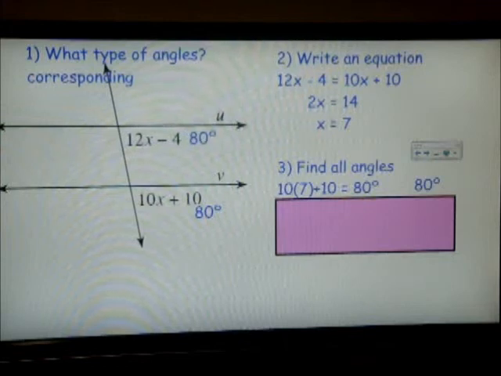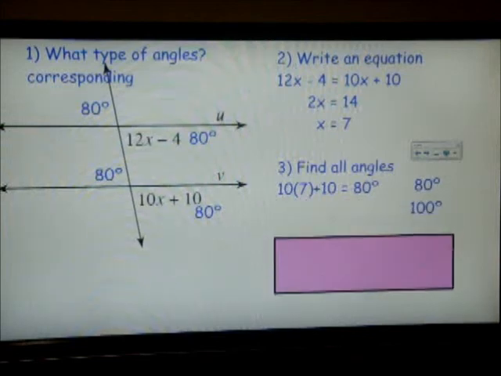And since it corresponds here, that works as well. Just like the last problem, we know this is 80, we know that this is 80. The only missing angle that there could be is 100. So by solving the equation, I was able to find everything missing in the picture.